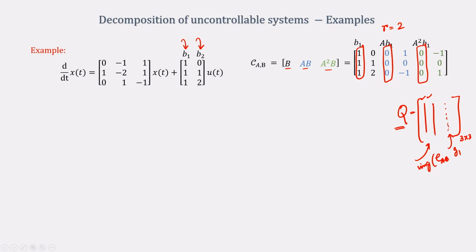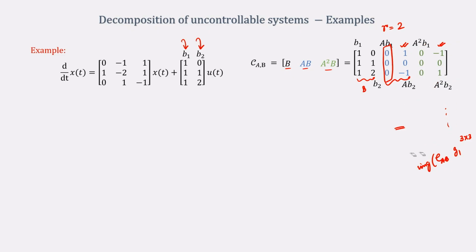Similarly, the other two are B2, AB2 and A square B2. As a whole, these two was B, these two was AB, and these two was A square B. Go ahead and carefully check this.